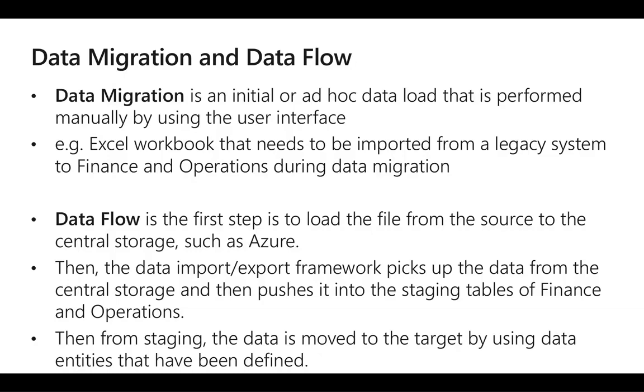Then, from staging, the data is moved to target by using the data entities that have been defined. The flow of the data can be done either row by row or by using a set-based operation of the data entity for the entire underlying tables for each data entity. The sequence and the order in which the target tables will be populated can be controlled by using the sequence entity feature of finance and operations.